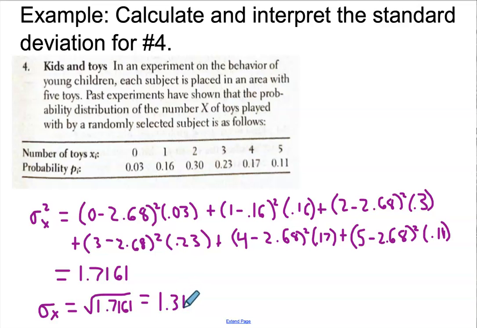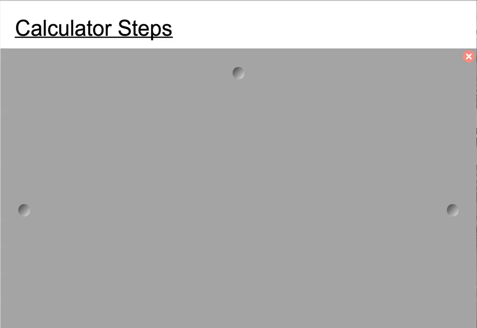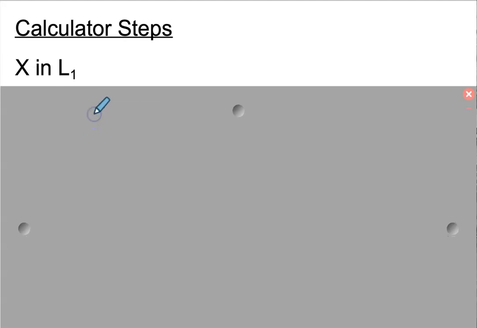Okay, so here's the part where you all hate me now. There's actually a much simpler way to do this than writing all of this out. I have you do this because there is a caveat: you do have to show part of this work on the AP test. But for the most part, the calculator will do the work for you. So we'll talk about the steps and then I'll show you how to do it.